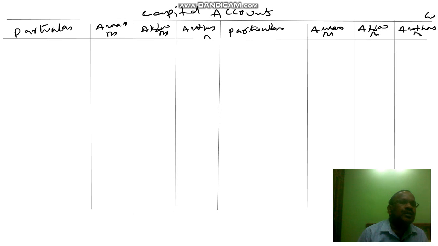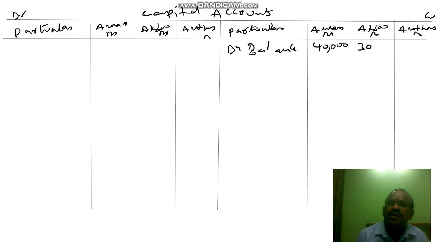It is debit and credit. So here, by balance, Amar's old capital is 40,000, Akbar's old capital is 30,000. So by cash, Anthony brings 35,000.